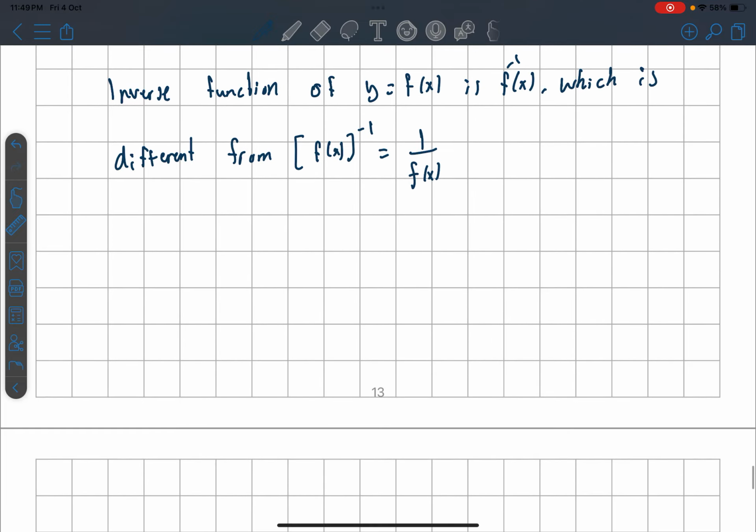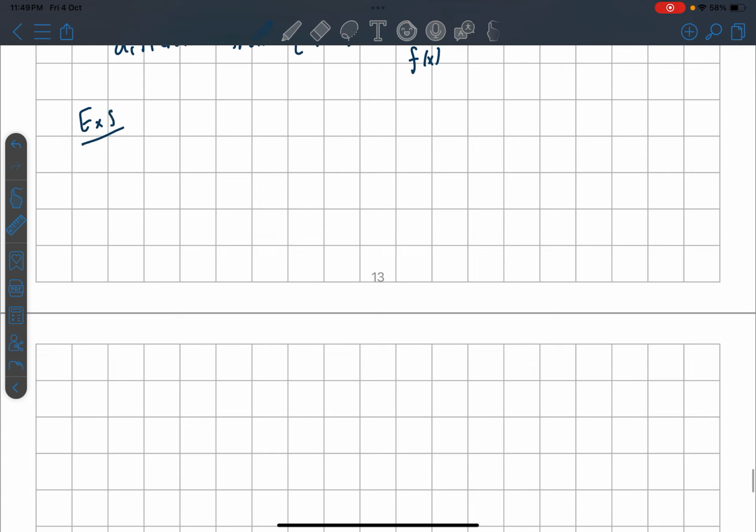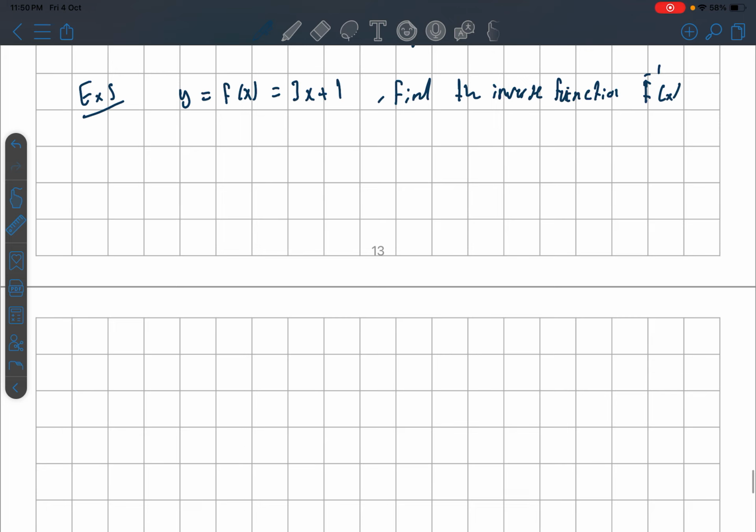Okay, so let's take an example. Here we can take example 5. Here we have y equals f x equals 3x plus 1, and we want to find the inverse function, which is f inverse x. So the solution, let's first solve y equals 3x plus 1 for x.